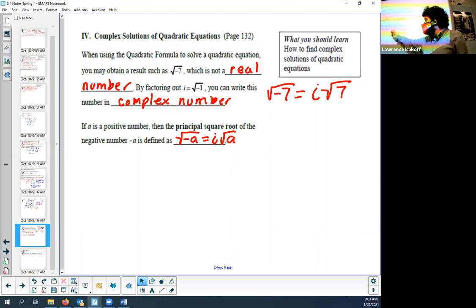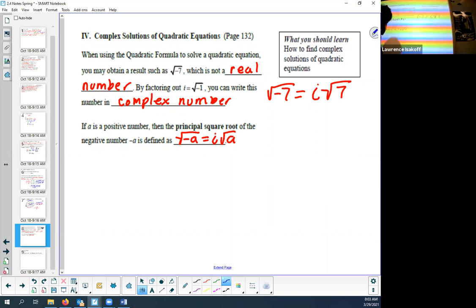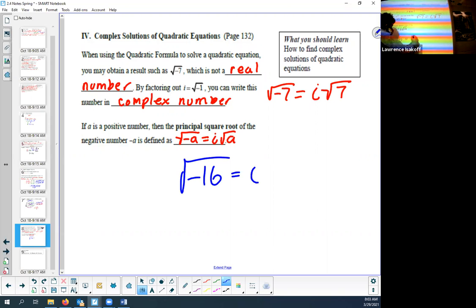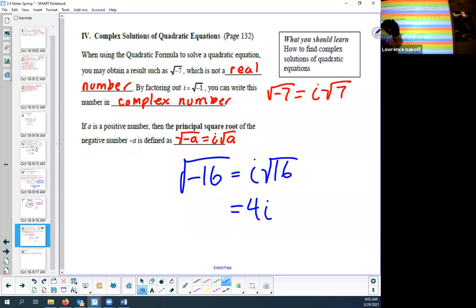The square root of -a is equal to i times the square root of a. So if you ever have a negative trapped underneath your square root, you can literally remove the negative sign by putting an i in front of it. If it was a number like the square root of -16, that'd be i root 16. Oh, wait, the square root of 16 is just 4. So we could call that 4i.